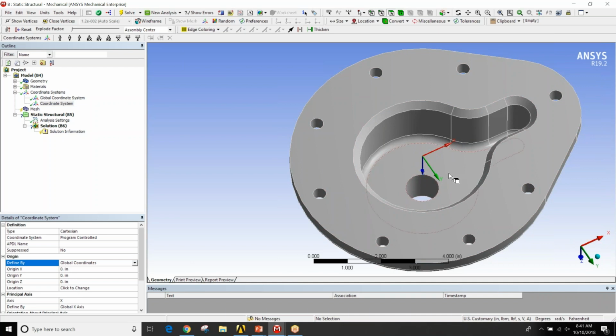To put a crack right on that surface, the very important point here, I'm going to select at the very top, I don't know if you can see it, an option, Hit Point Coordinate. Hit Point Coordinate is a really nice feature in ANSYS Workbench.